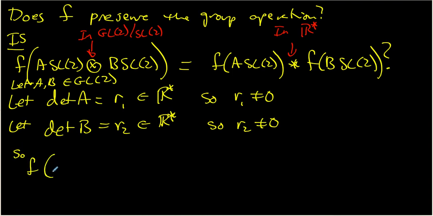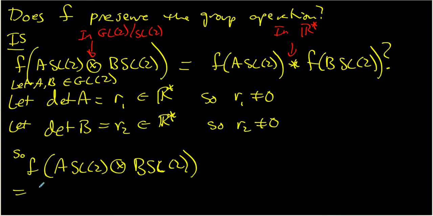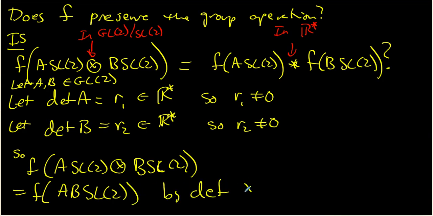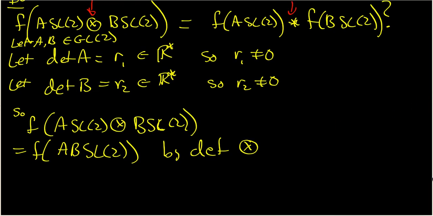F of (A times SL2) O-times (B times SL2) is going to be F of (AB SL2), and this is by the definition of coset multiplication. In other words, by O-times.